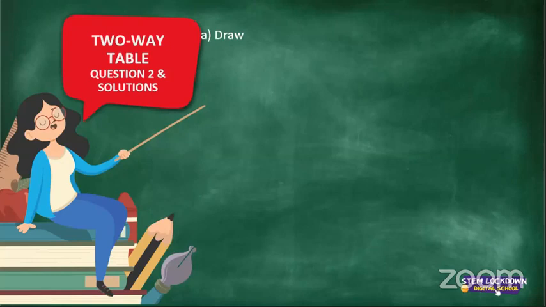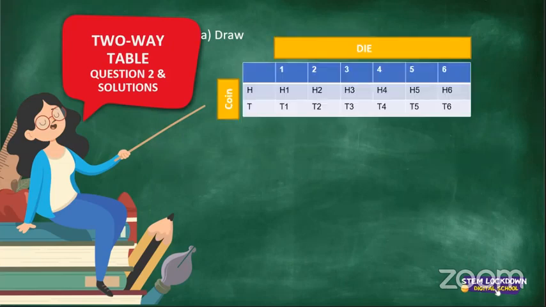Okay, let's look at how we go about it. First, they say draw. Remember with a two-way table, we have 2 sides, on the top and on the side. So we have the die on top and the coin on the side. The die will have 6 possible outcomes, 1, 2, 3, 4, 5, and 6. The coin, only a head and a tail.